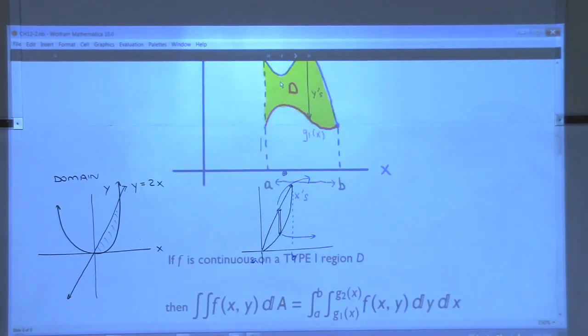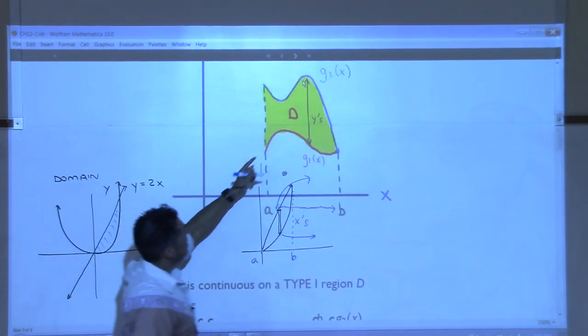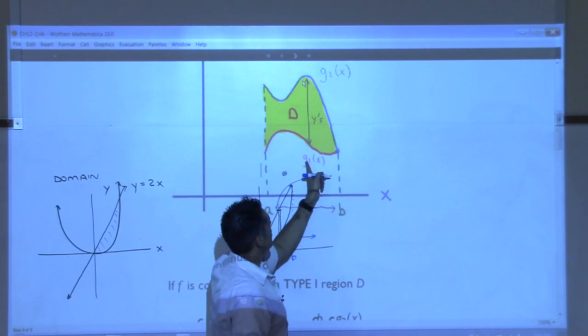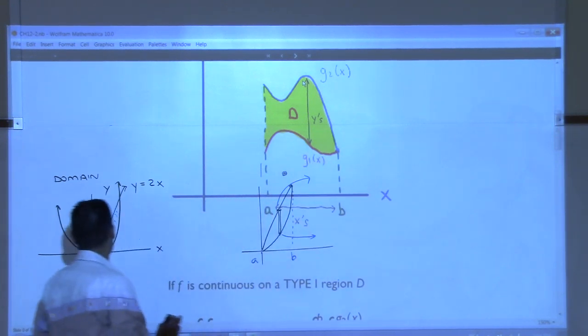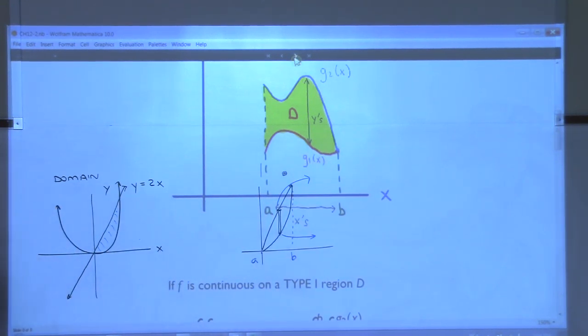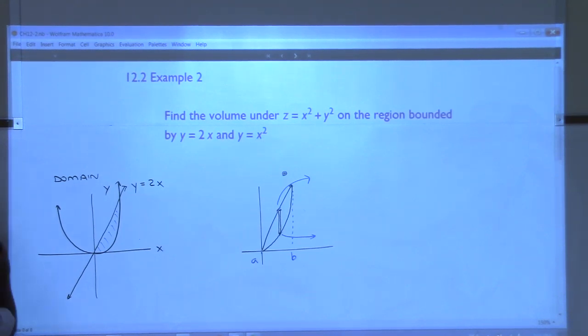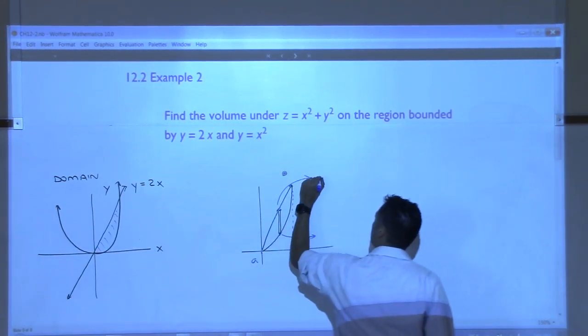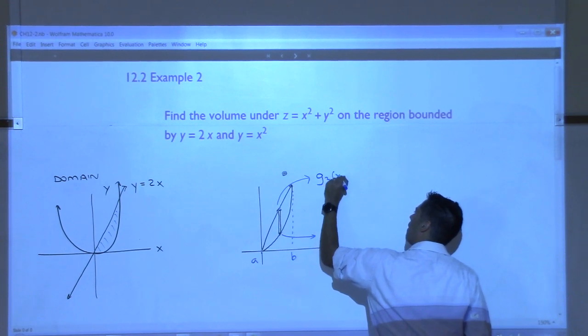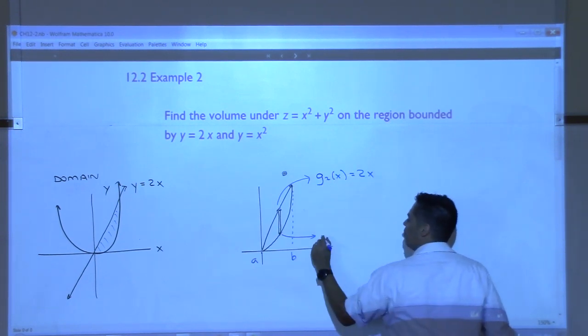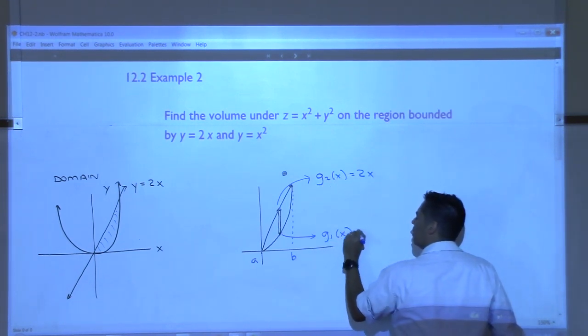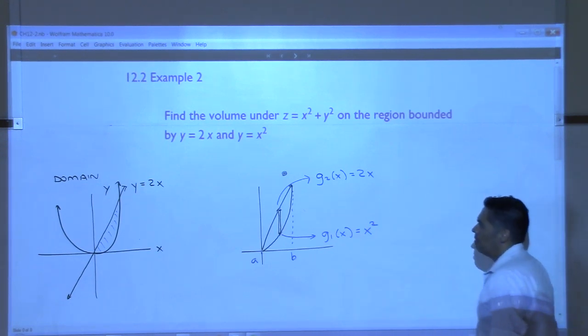We call that top one g sub 2 of x, call the bottom one g sub 1 of x. So I'm going to use that same notation here. So this is our g sub 2 of x is equal to 2x, and then the bottom one is g sub 1 of x, and this is x squared.